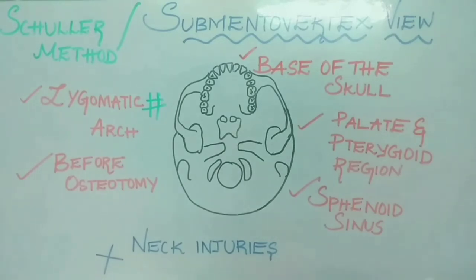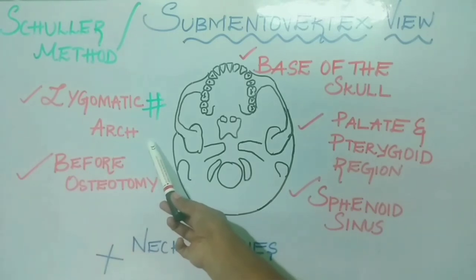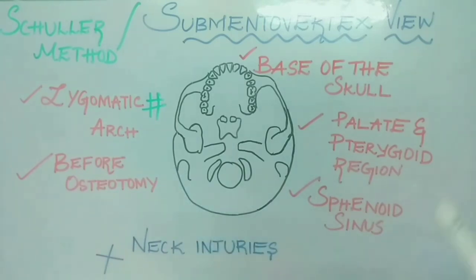As I mentioned previously, this view is useful for visualization of entire base of the skull, and this is also useful to demonstrate destructive or expansive lesions affecting palate and pterygoid region, and to study sphenoidal sinus diseases, and in demonstrating zygomatic arch fractures, and this is also helpful in assessing mediolateral thickness of the posterior aspect of the mandible before osteotomy. So all these are indications of submental vertex projection.